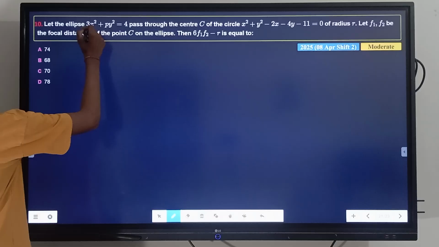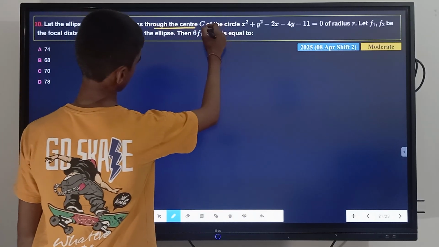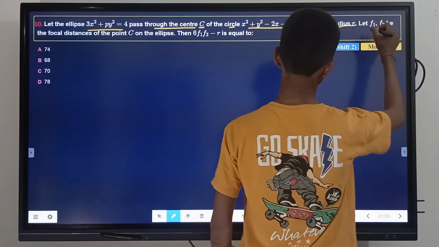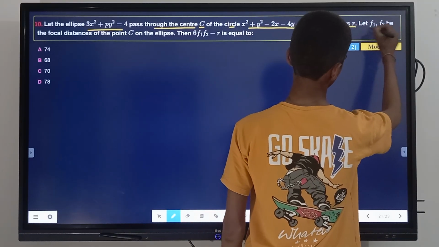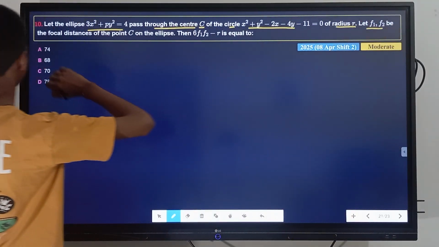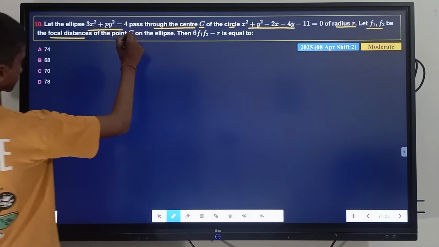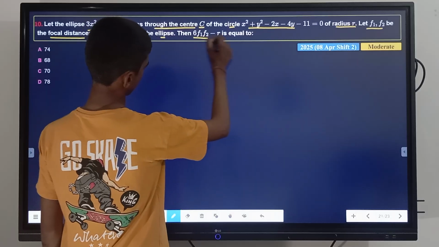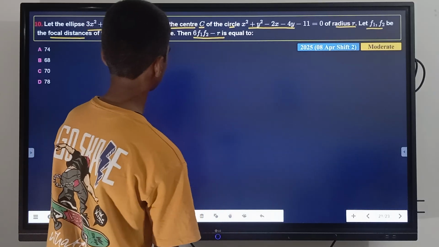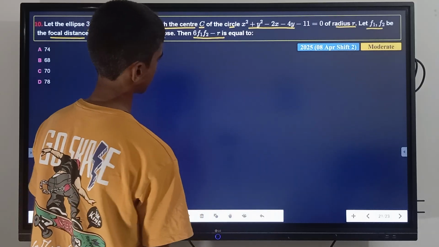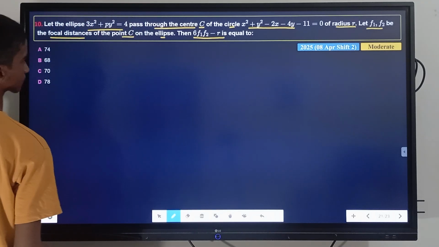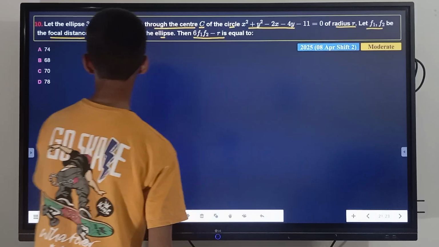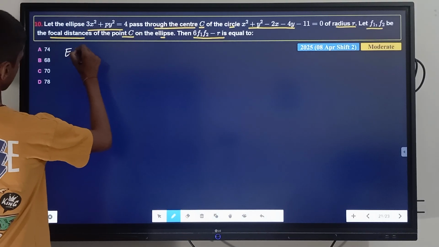Our question says, let the ellipse pass through the center C of the circle of radius R. Let F1, F2 be the focal distances of the point C on the ellipse. Then we have to find the value of this expression, 6F1F2 minus R. Now first let's write the equation for the ellipse.